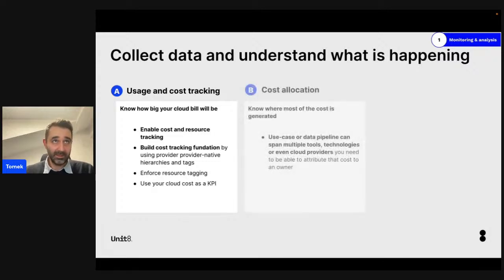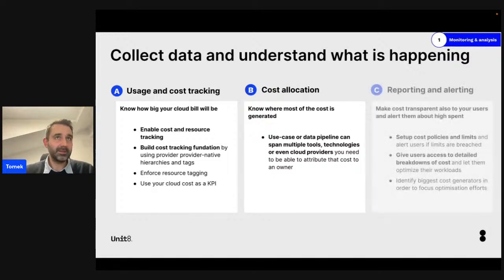granularity levels. Then there is cost allocation. You need to be able to know where most of the cost is generated, and also be able to measure that cost in environments where your use case can span a lot of technologies.